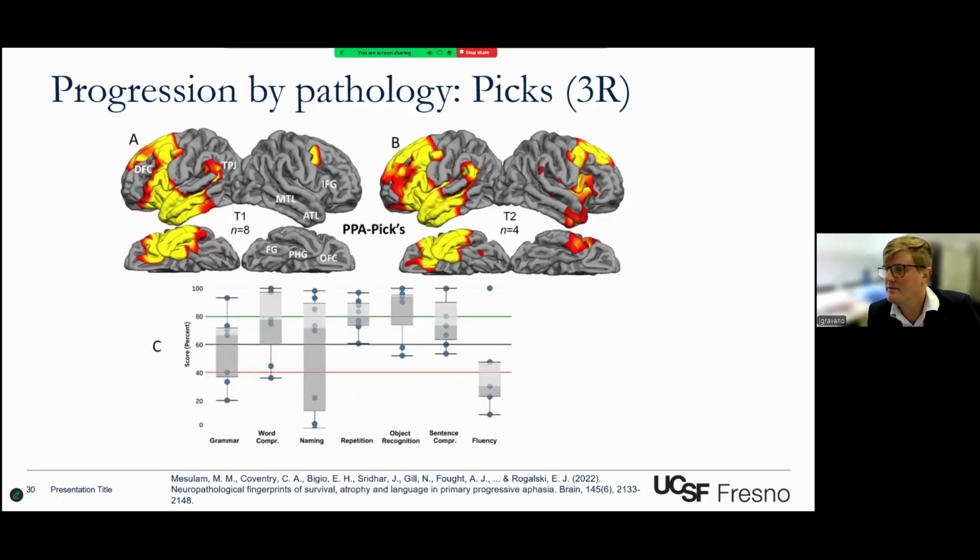Pick's, same kind of way you can look at what changes here. Again, these are typically harder to delineate into one of the stereotypical syndromes, or the canonical syndromes, I should say. And so you can see a lot of heterogeneity in clinical presentation with underlying Pick's, and the progression tends to be frontal and anterior temporal for these language-based disorders from 3R tau.